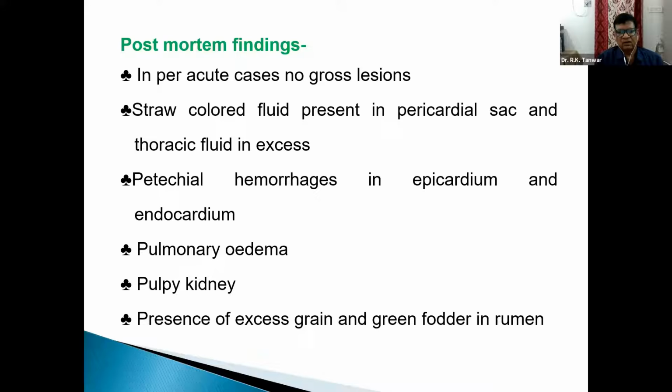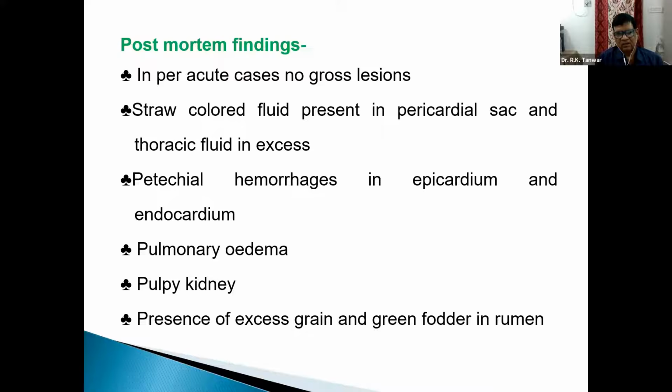Postmortem finding in peracute cases: no gross lesion. This is a very important finding. If anyone conducts the postmortem, he will be able to see excess fluid in the pericardial sac and excess thoracic fluid, petechial hemorrhages on the epicardium and endocardium. Pulmonary edema is also a finding.